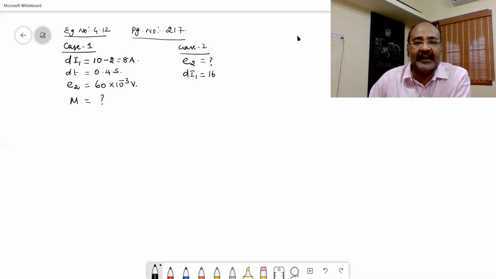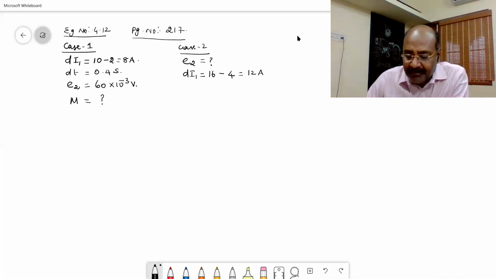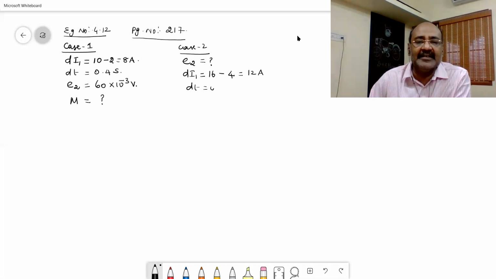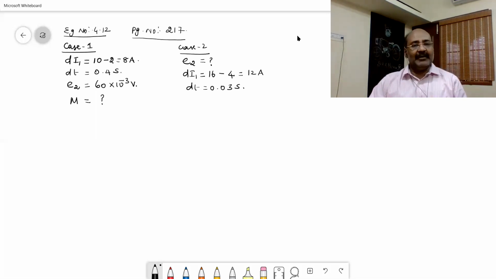So the final current is 16 ampere and the initial is 4 ampere. So the change in current, we are considering it as 12 ampere, in a time dt equal to 0.03 seconds. Consider only the magnitude of the EMF, that is E2 is asked.